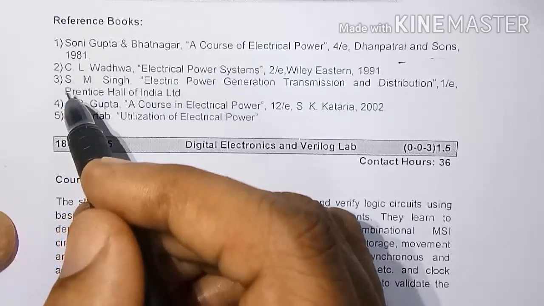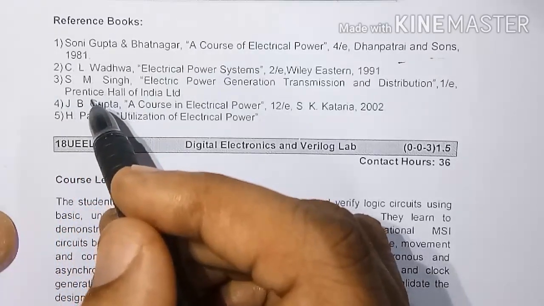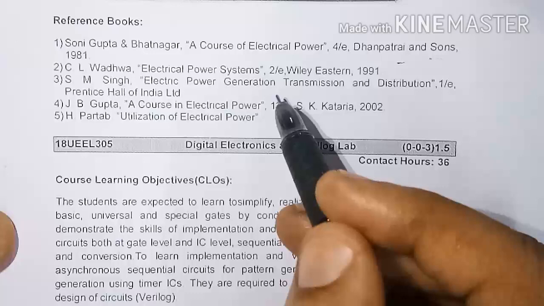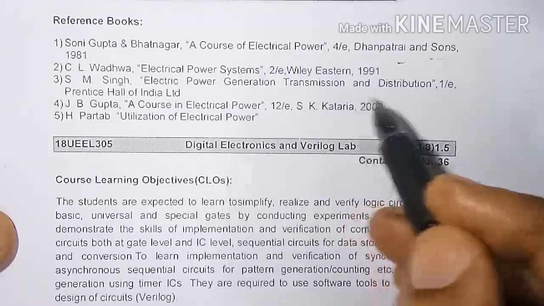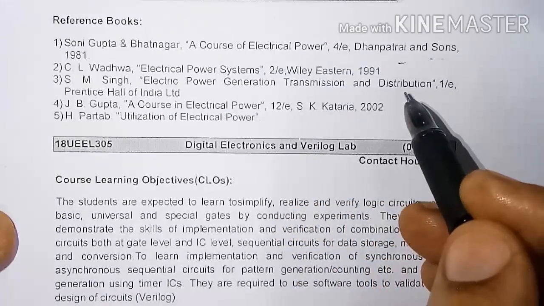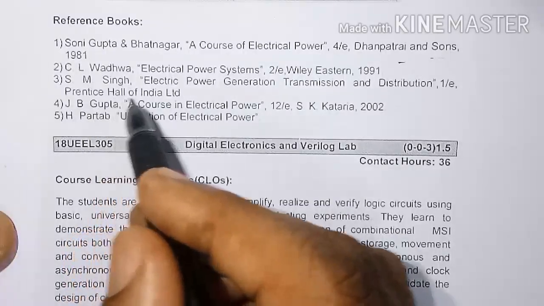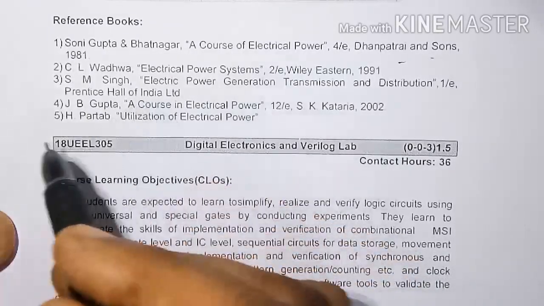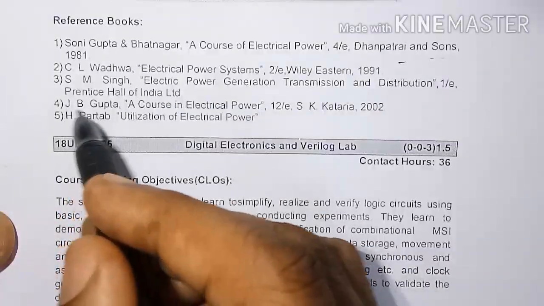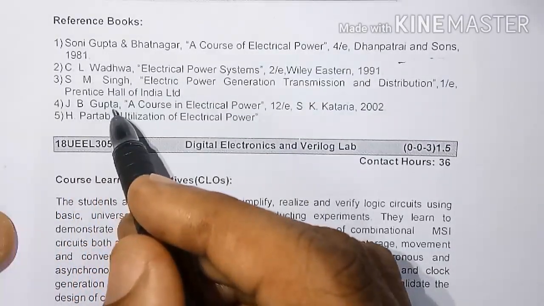Third book is by S.M. Singh, Electric Power Generation, Transmission and Distribution. First edition. Publisher is PHI. Fourth book is J.B. Gupta.